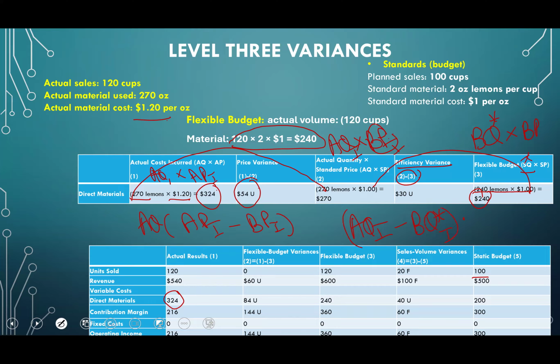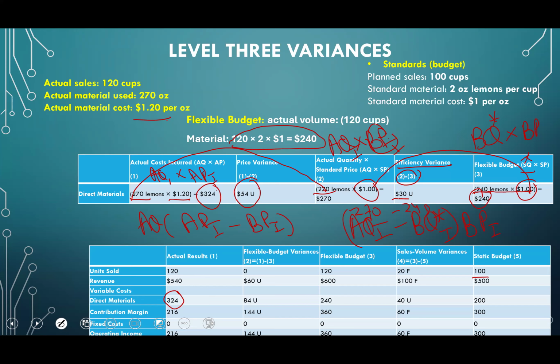Then I can take budgeted price of input common out because it is common in both of them. Notice $1 is common. I can take that out. And what am I comparing? 270 here with 240 here is going to give me 30 ounces of lemon.